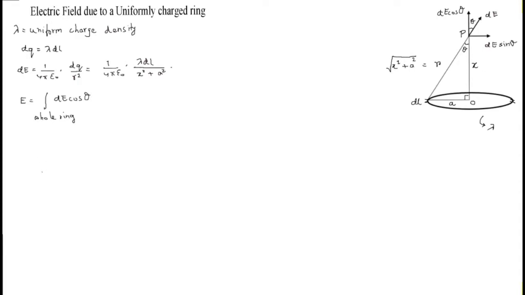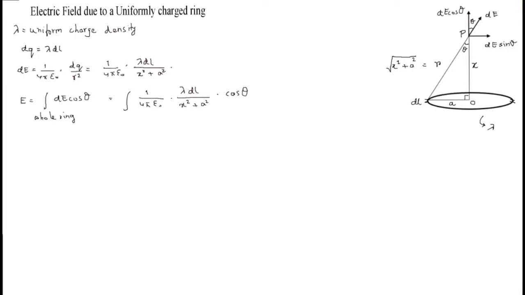So we can write this electric field as integration 1 by 4 pi epsilon naught. So we are putting the value of dE from the above line, lambda dl by x square plus a square into cos theta.